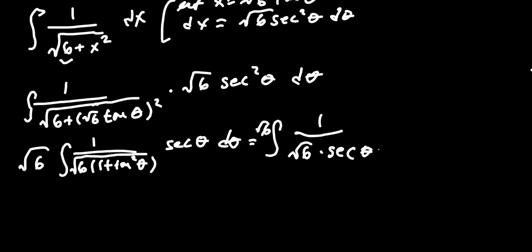And then we'll have times secant squared theta, and then d theta. Okay, so luckily, our secants are going to cancel, and we're going to be left with 1 over square root of 6.